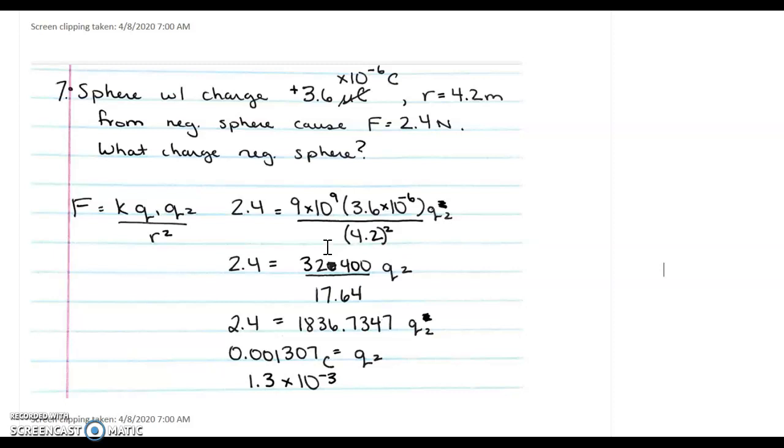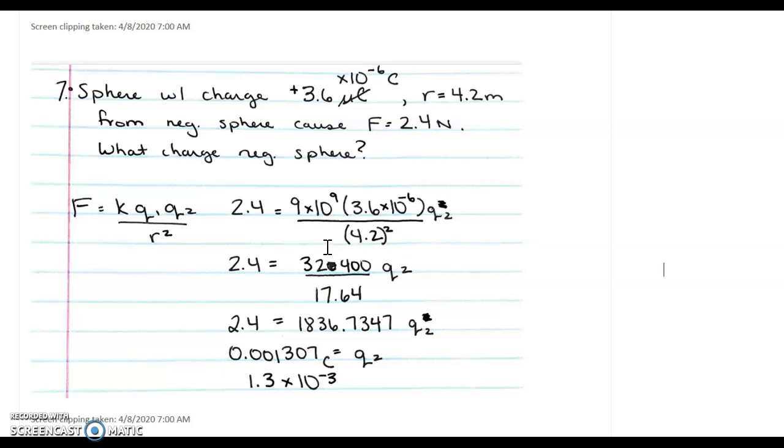So we have a charge on one sphere, a distance, and a force. We have a second sphere, so the charge on the second sphere would be Q2. We solve for Q2.